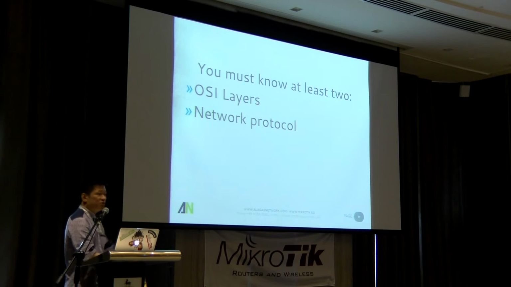When you create the rules, you need to know in which layer of the OSI the thing you are trying to filter sits. Whether you want to filter a MAC address, a particular IP address, port numbers, or even a layer 7 application. For example, if you want to filter out peer-to-peer, or limit the connection and the speed of peer-to-peer.